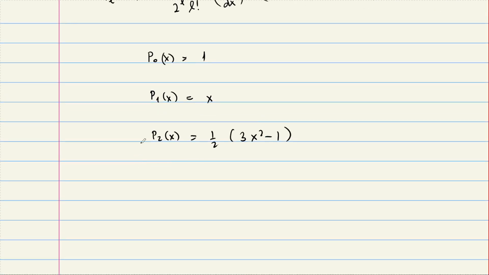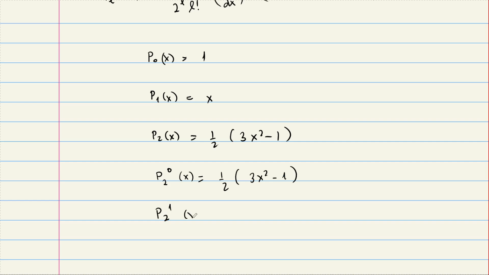Also, this is the P without a second index. The P with two indices, for example, let me write this one. P_2^0 of x is 1/2 (3x squared minus 1).